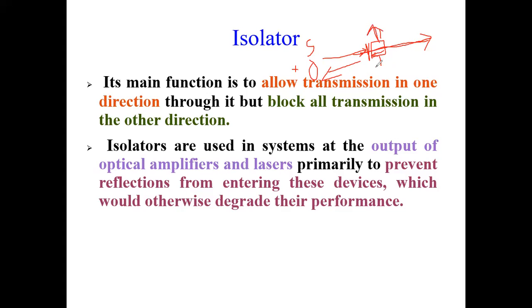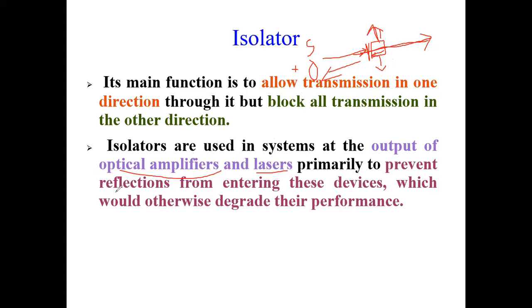Okay, so where are isolators used? So isolators are used in system at the output of optical amplifier and laser. So here this is what I was mentioning. Okay, now at the output of laser. So here is the output of laser. So I put an isolator over there, or at the output of optical amplifier. So these are the two places where I will put an isolator.